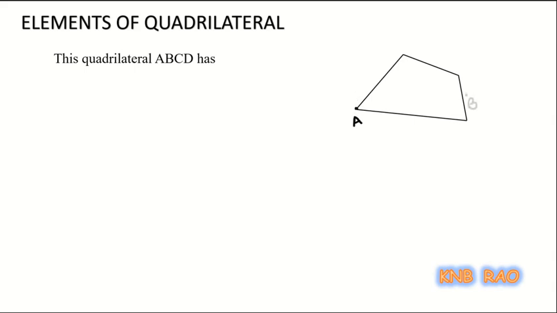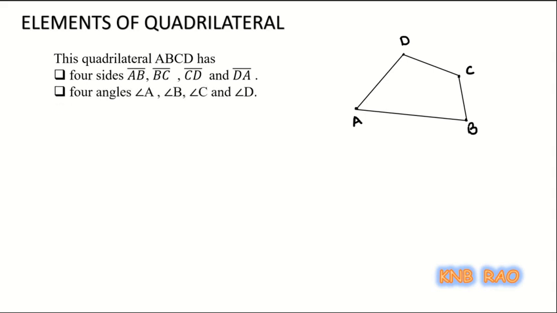This is a quadrilateral A, B, C, D. Now it has 4 sides. I have already seen that. That is AB, BC, CD and DA. It has got 4 angles. Which are the 4 angles you also know. Here I am going to show you those 4 angles.